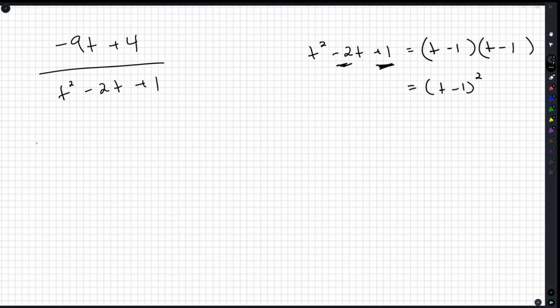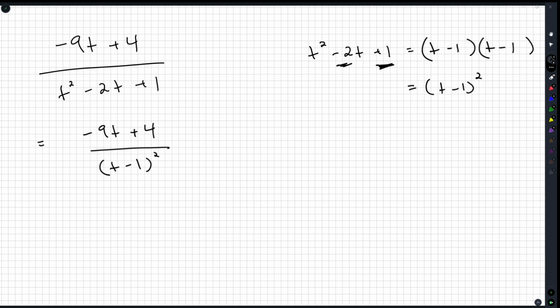So what this really is, is 9t plus 4 over t minus 1 squared. We don't have 2 different factors. We have the same factor twice. We have a repeated factor, right? So it's a repeated linear factor, t minus 1 squared.